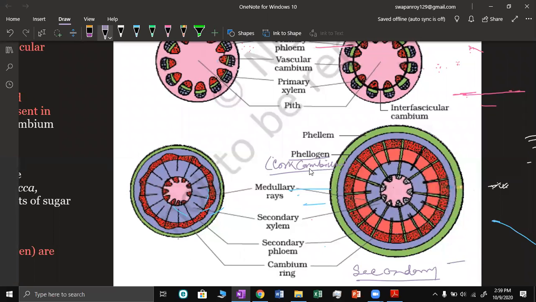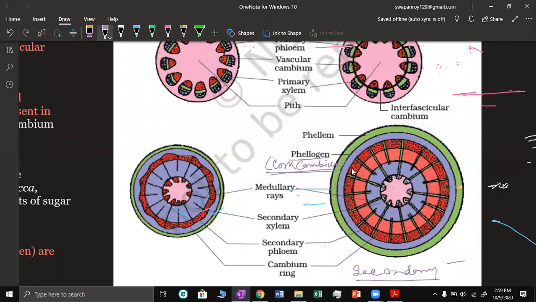This cork cambium also produces secondary tissues, but they are secondary non-vascular tissue.